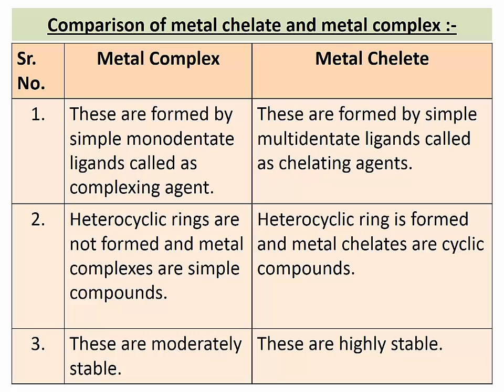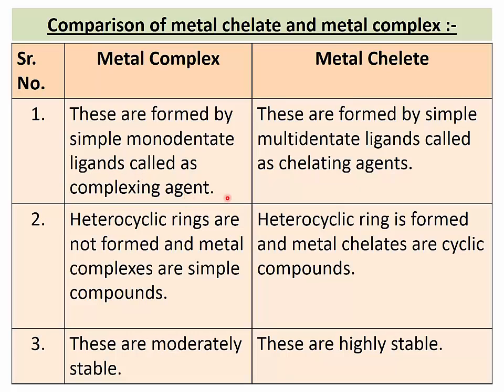See the difference, the comparison between metal chelate and metal complex. Here in the first column is the metal complex and in the second column the metal chelate. Metal complexes are formed by simple monodentate ligands which are called complexing agents.